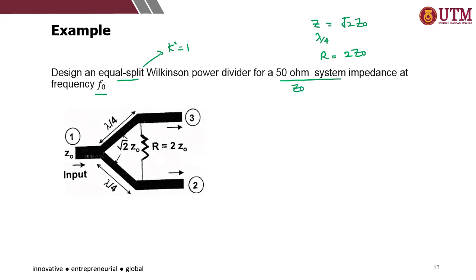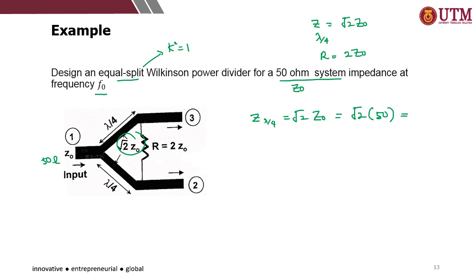Right, so for a perfectly matched Wilkinson power divider with Z0 given as 50 ohm, in order to design it, we have two parallel lambda over 4 transformers, in which each element has an impedance equal to root 2 Z0, so it is equal to root 2 multiplied by 50.